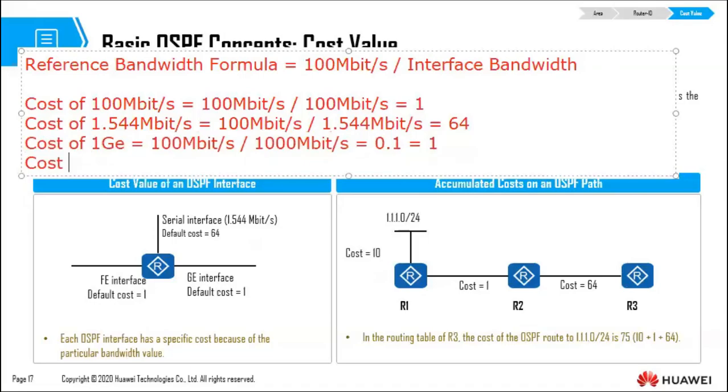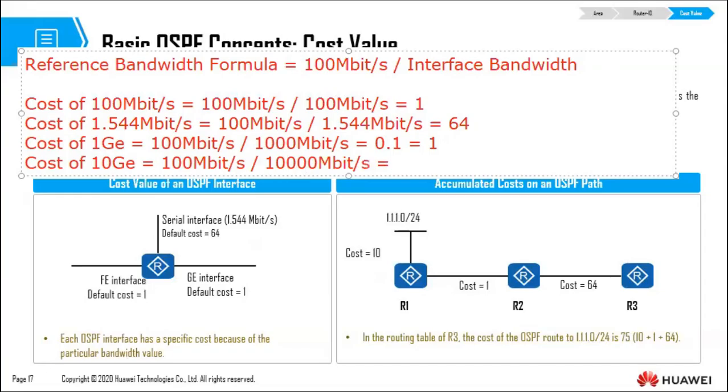Don't forget that. So what will be the cost of 10 GE? 100 megabits per second divided by 10,000 megabits per second, right?